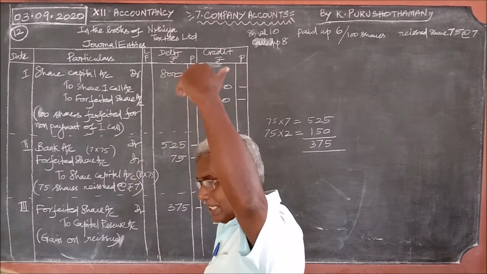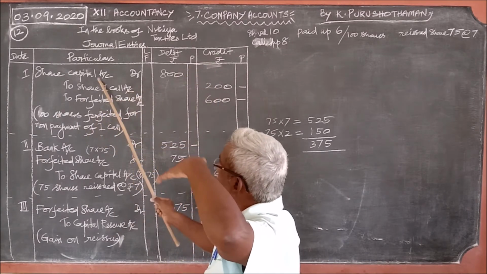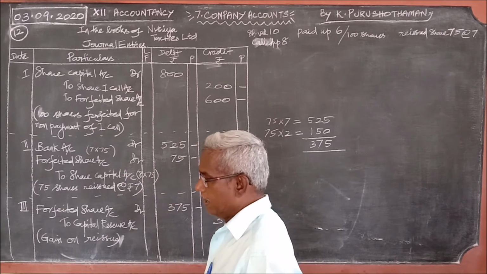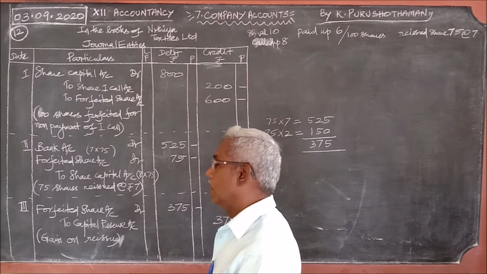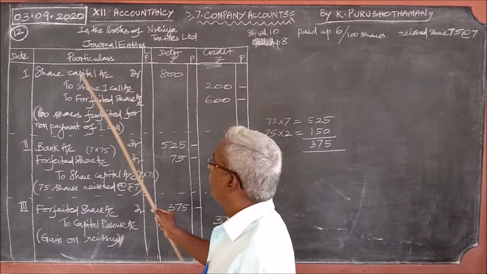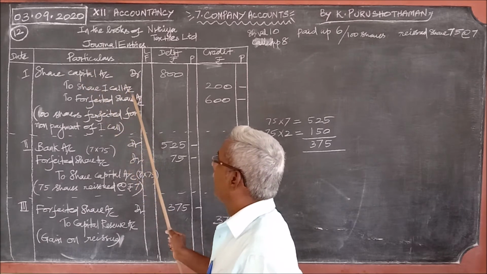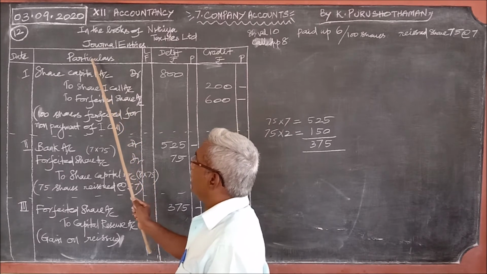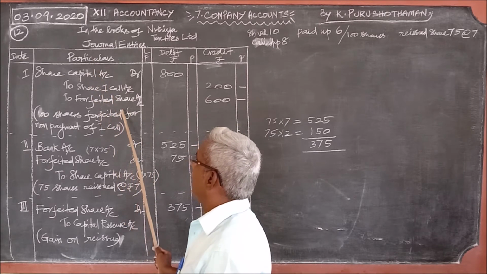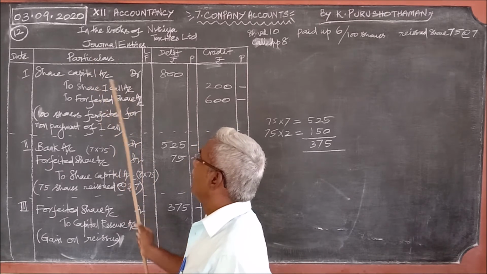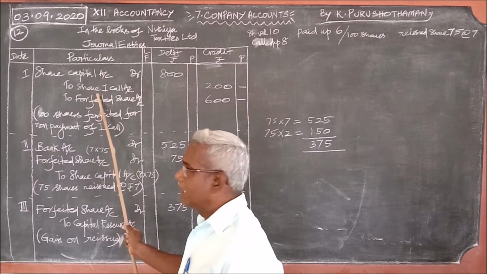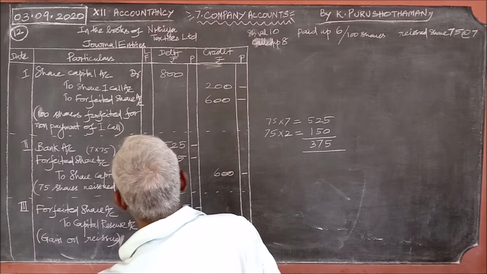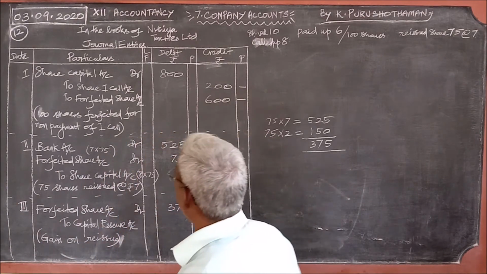If they are given separately, share first call account, and one more entry for share final call account. If the allotment money is also not paid, we should write share allotment account, share first call account, share final call account. But in this forfeiture, only the debit share capital and credit forfeited share are permanent entries. Here it depends upon the problem. We should look at what instruction is given and write it there.